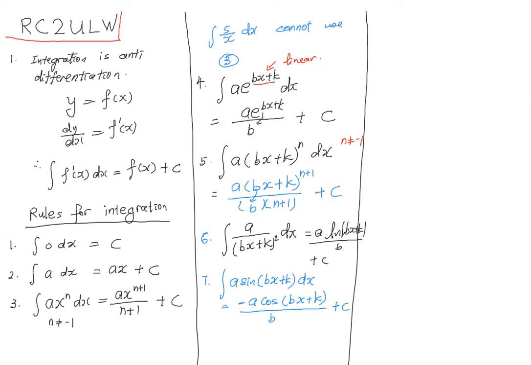Yeah. So number 8 will be integrate cos. Remember when you talk about integration, the angle or the expression must always be linear. So when you integrate cos, what do you get? You get sin.